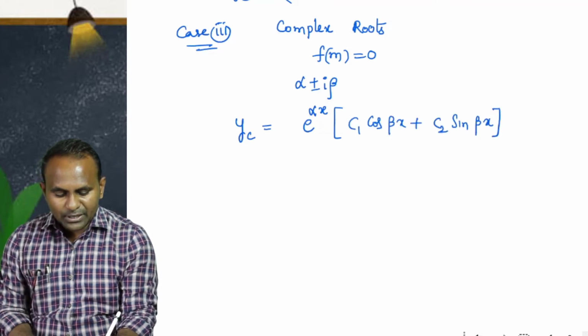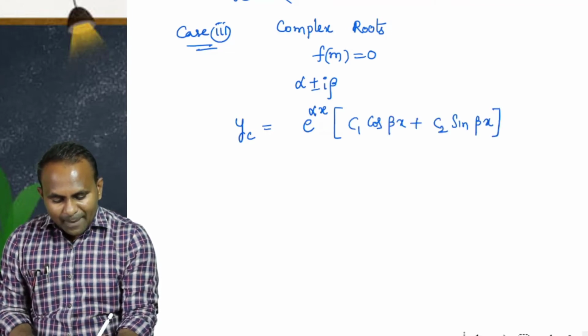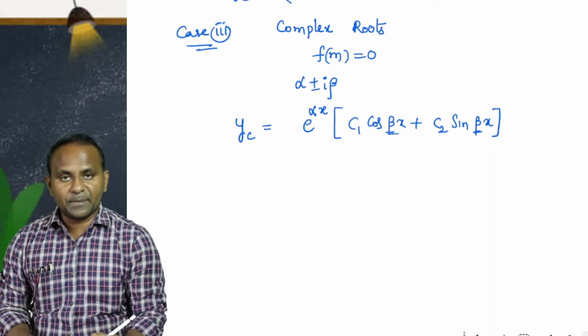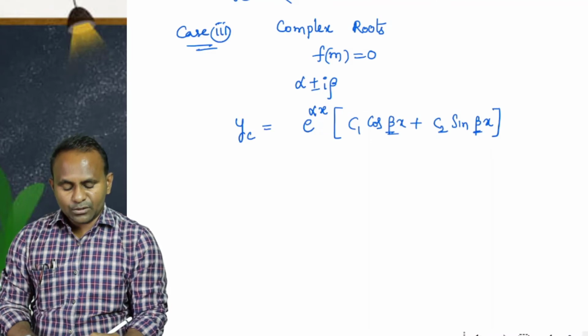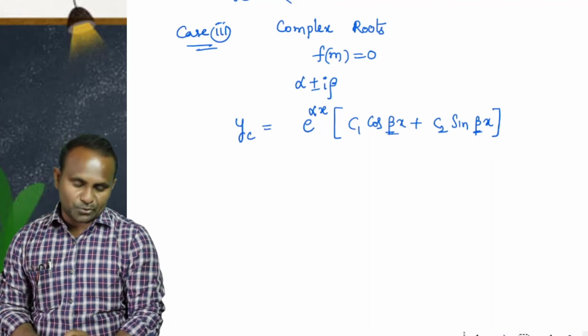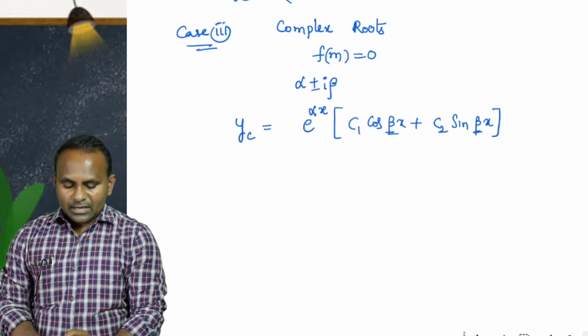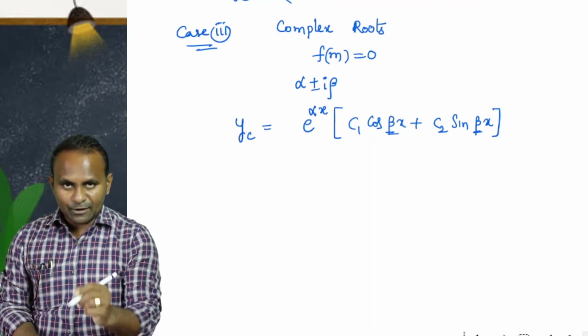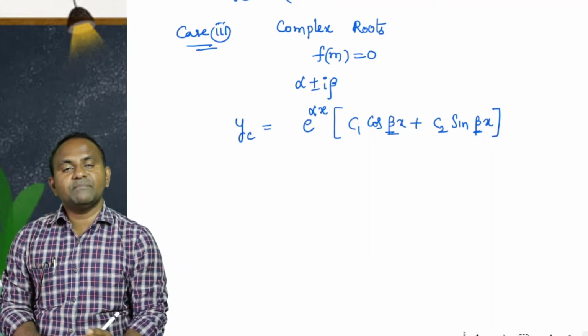See, you're using the imaginary part in the sine and cos functions, whereas in the exponential you're using the real part. So this is how we write the complementary function according to the complex roots. Since there are two roots, two arbitrary constants have been used. You must have a look at that. It's a compulsory phenomenon.